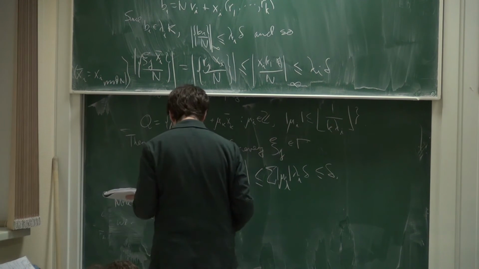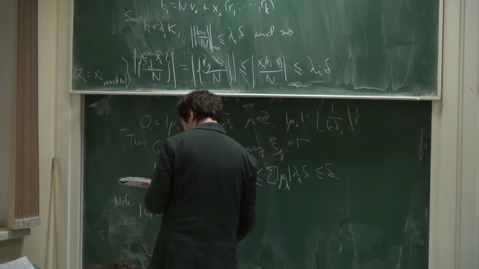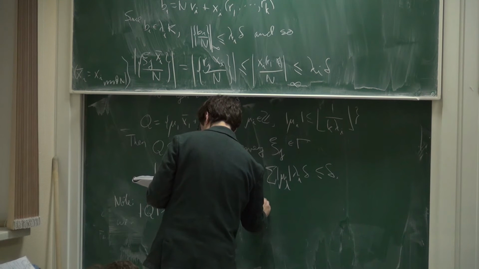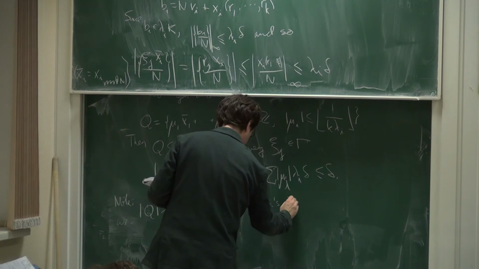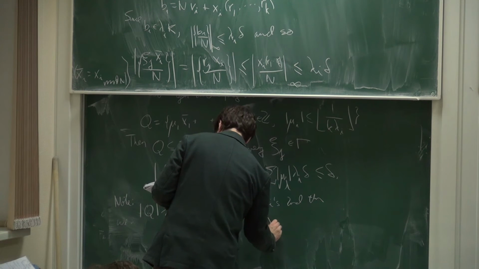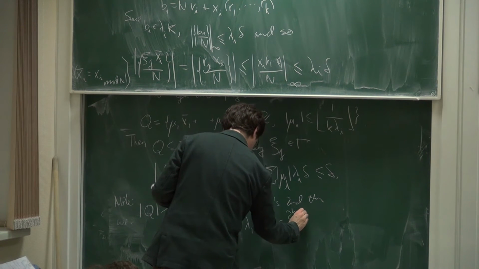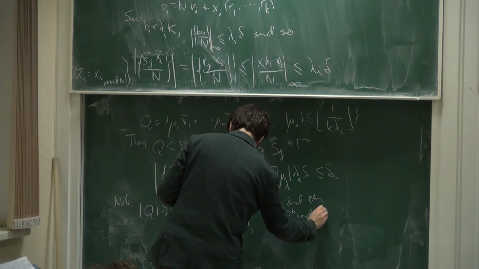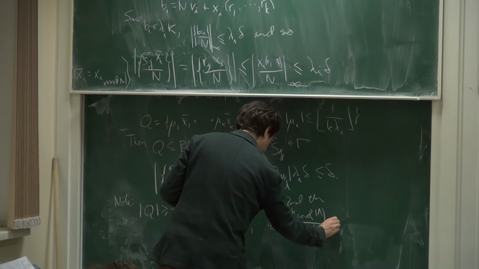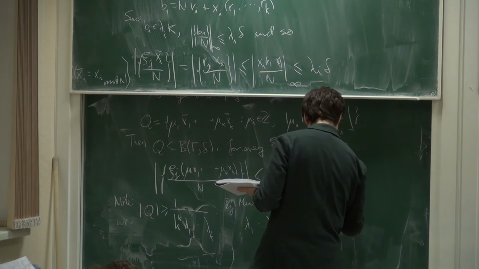By Minkowski's second theorem, the product is at most 2^k covolume, but the covolume we saw before is n^(k-1).